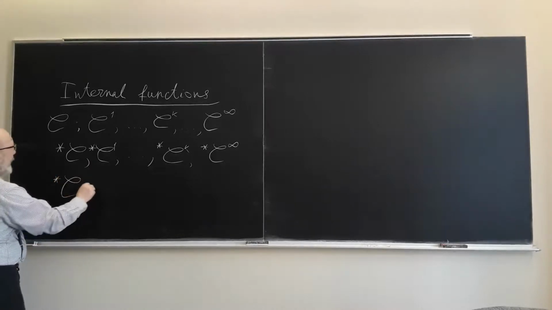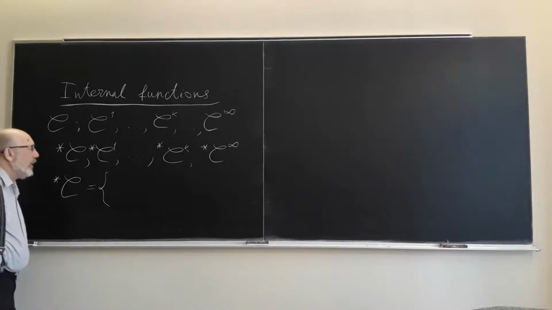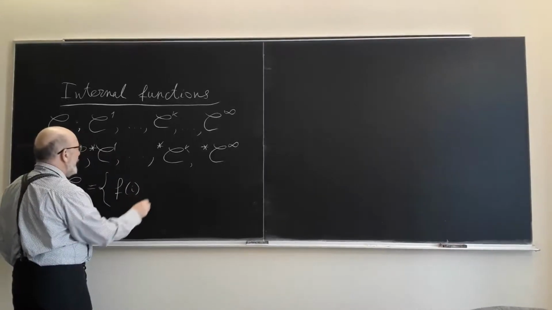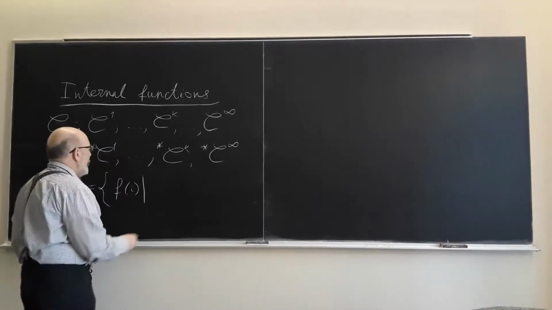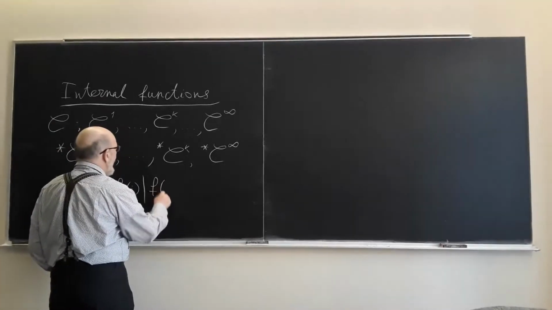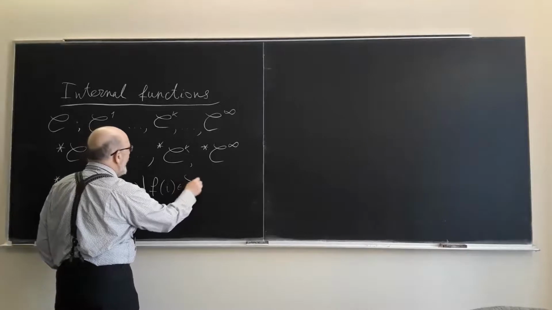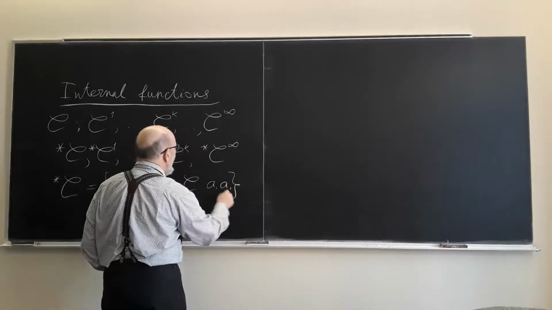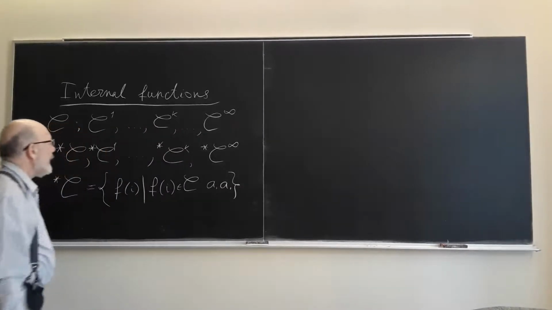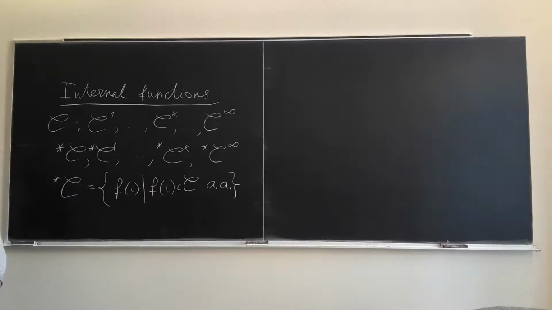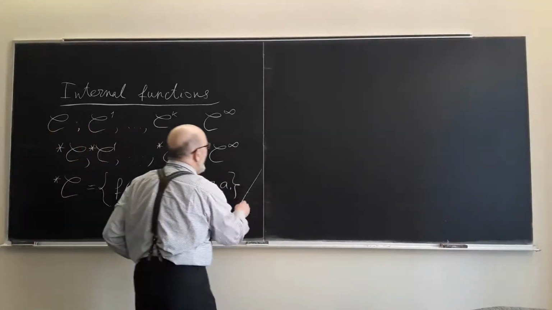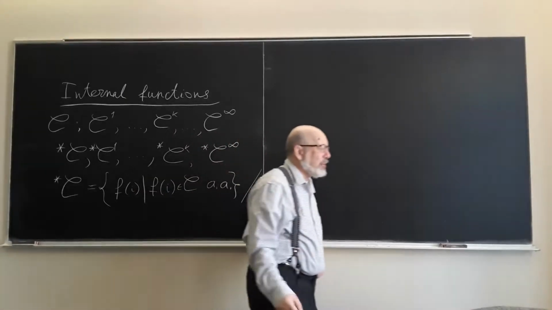Star C is the collection of functions f of i such that f of i is continuous almost everywhere, and this set of such functions is factorized by the equivalence relation.